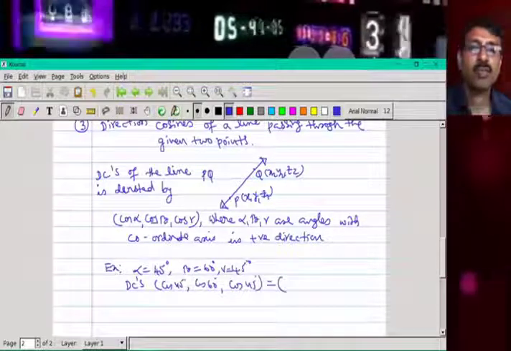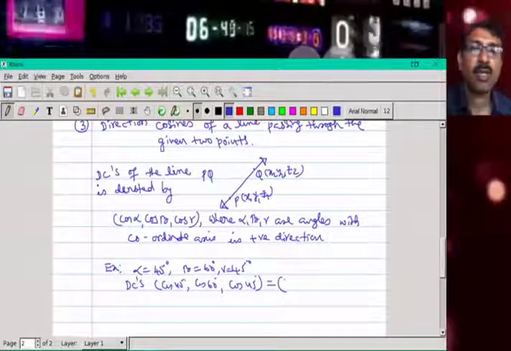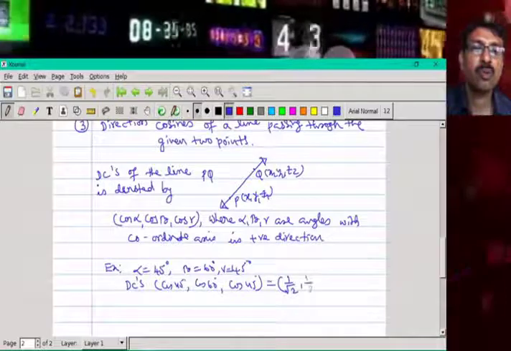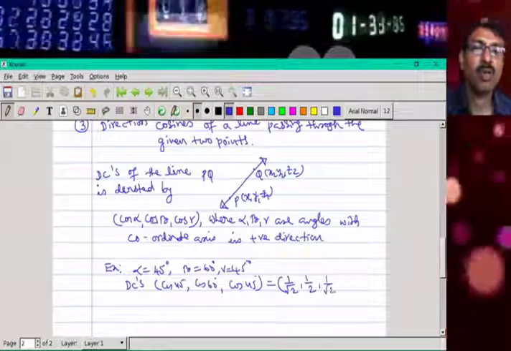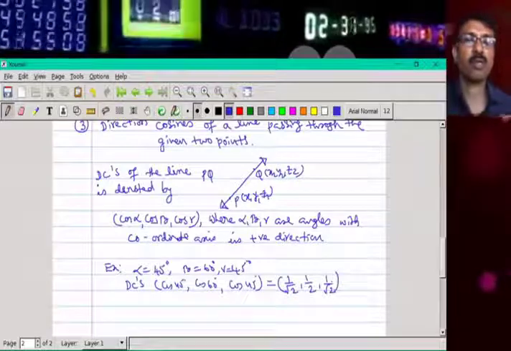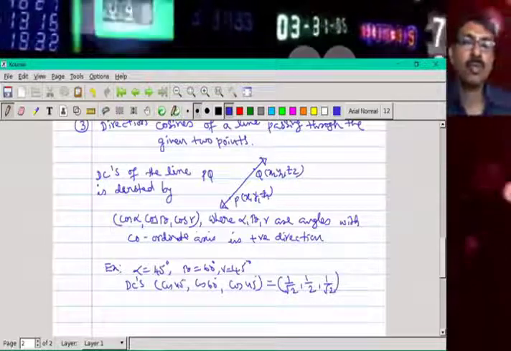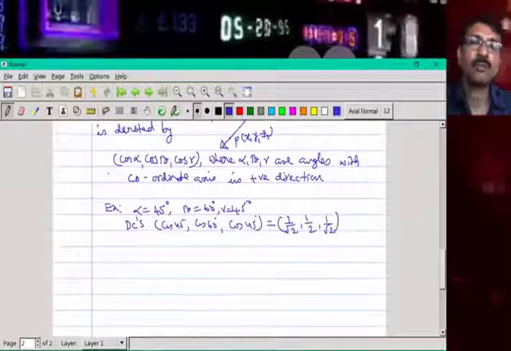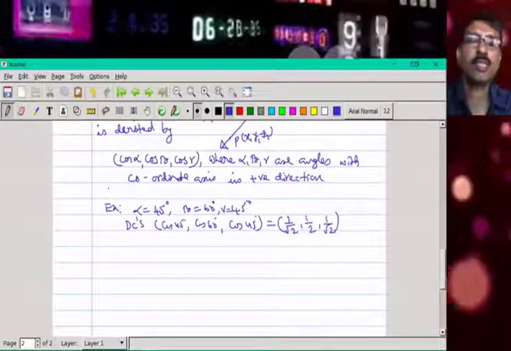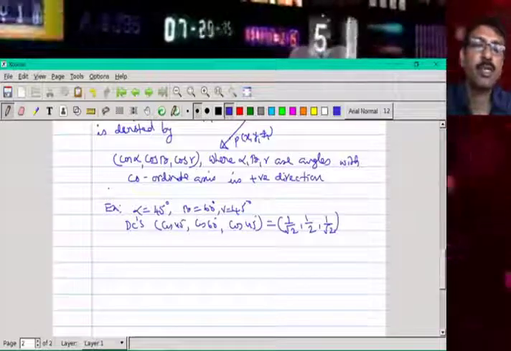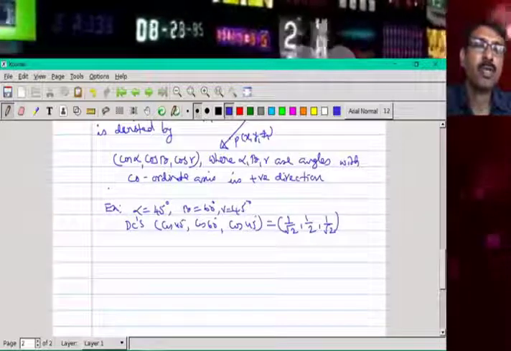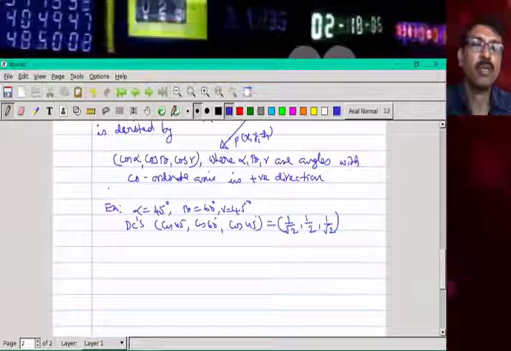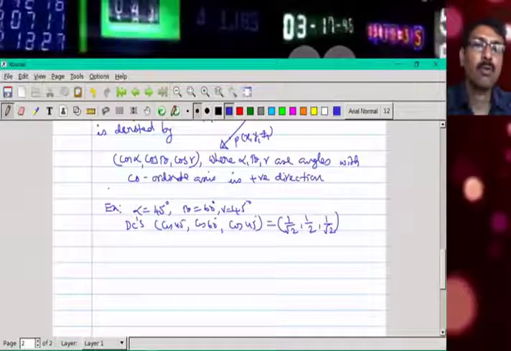We can write in numerical form: cos 45 is 1 by root 2, cos 60 is 1 by 2, and cos 45 again 1 by root 2. So these are the DCs, the direction cosines. While writing these three numbers, we have to maintain the order, just like coordinates of a point.